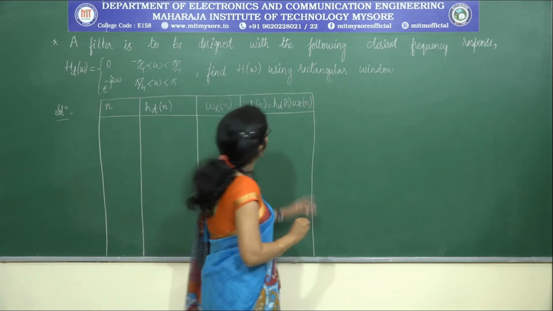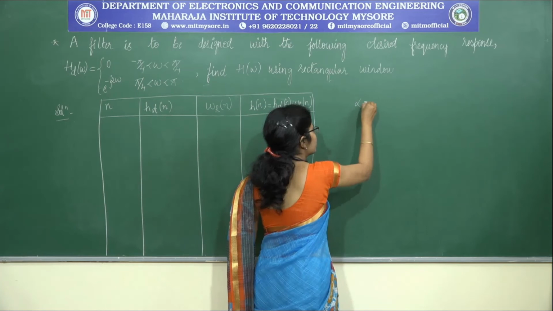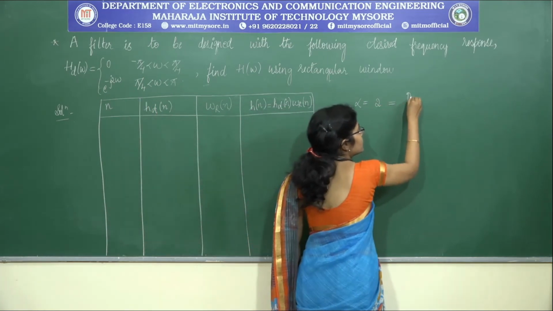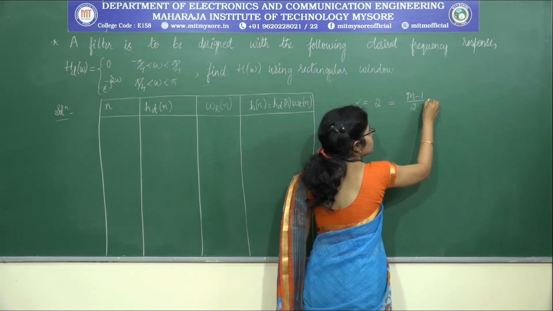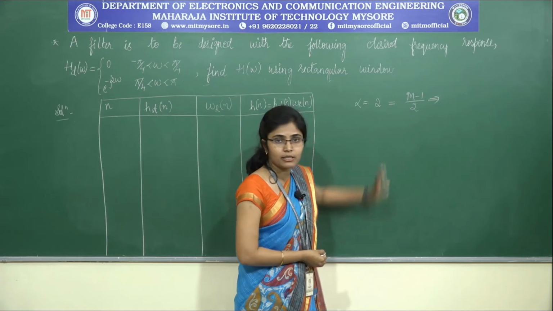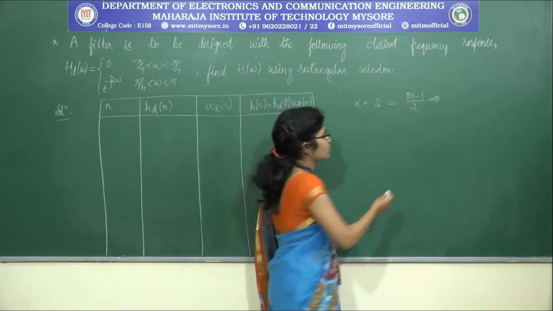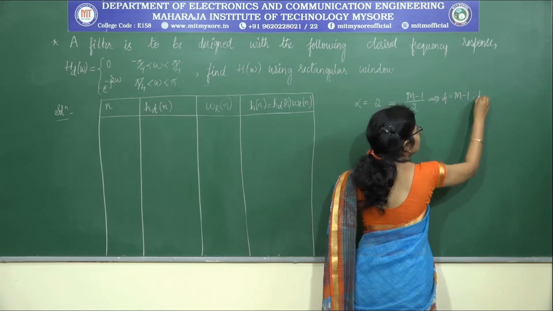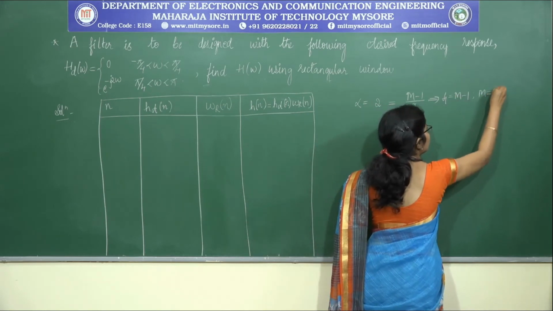Okay. So, we know the value of alpha according to the given expression is 2, and this will be equal to m minus 1 by 2. So, if I try to find out the value of m, if I cross multiply these two, 2 into 2 gives us 4. So, this becomes 4, which is equal to m minus 1. Therefore, the value of m is equal to 5.